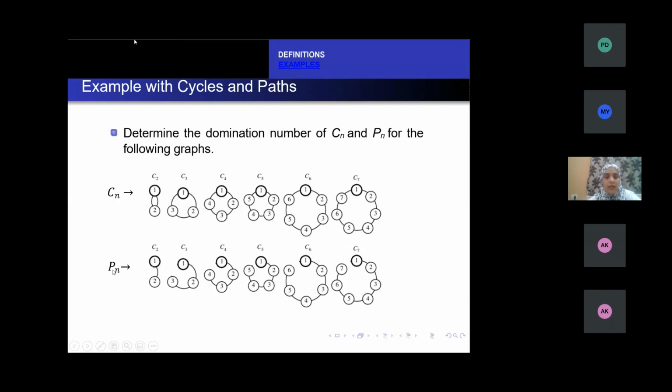And here is a path graph, 1, 2, 3. It is not a closed graph, whereas a cycle graph is a closed graph. In a path graph, the vertices are connected one after the other.